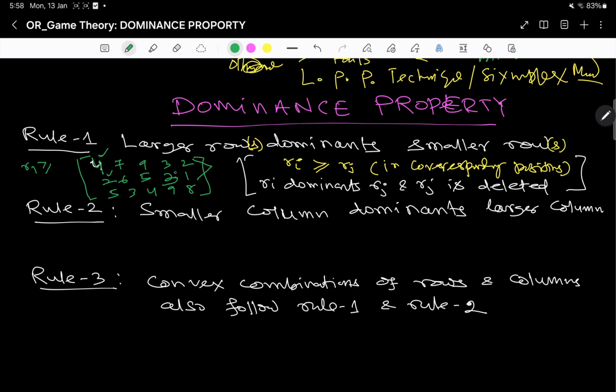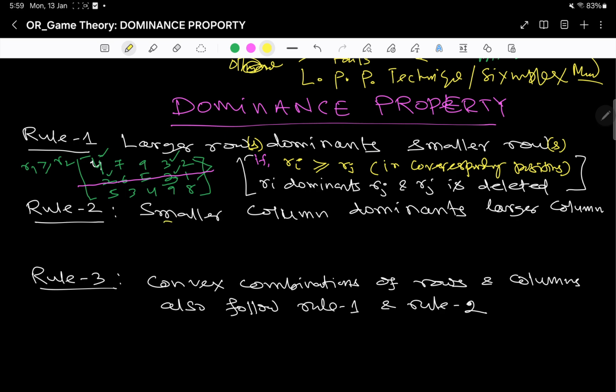If it is equal, that is also fine. So R2 will be omitted and removed. That means the larger row dominates the smaller row, and it can also dominate two or more rows simultaneously.